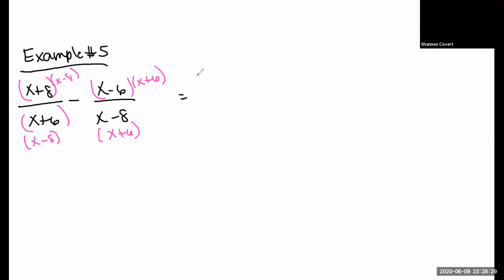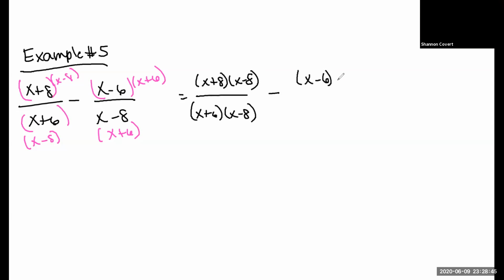So my new fraction for the first one is going to be (x + 8)(x − 8)/((x + 6)(x − 8)). I'm going to subtract. My second fraction is going to be (x − 6)(x + 6)/((x + 6)(x − 8)).